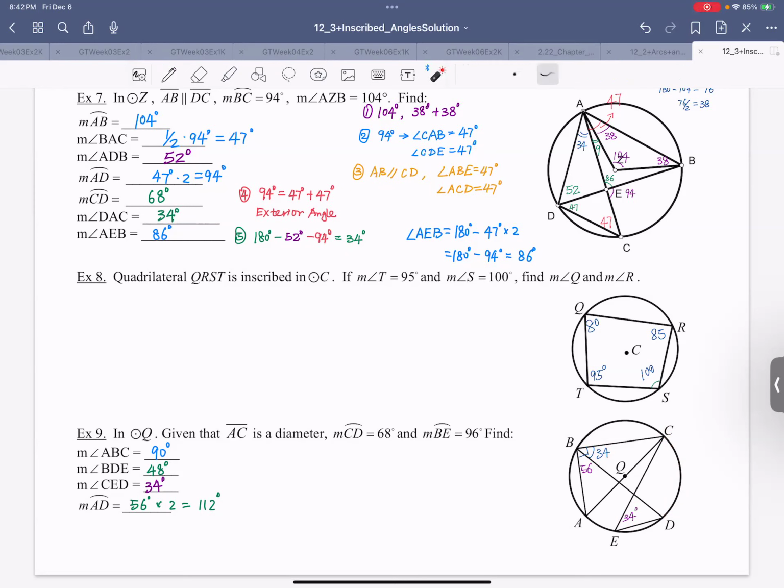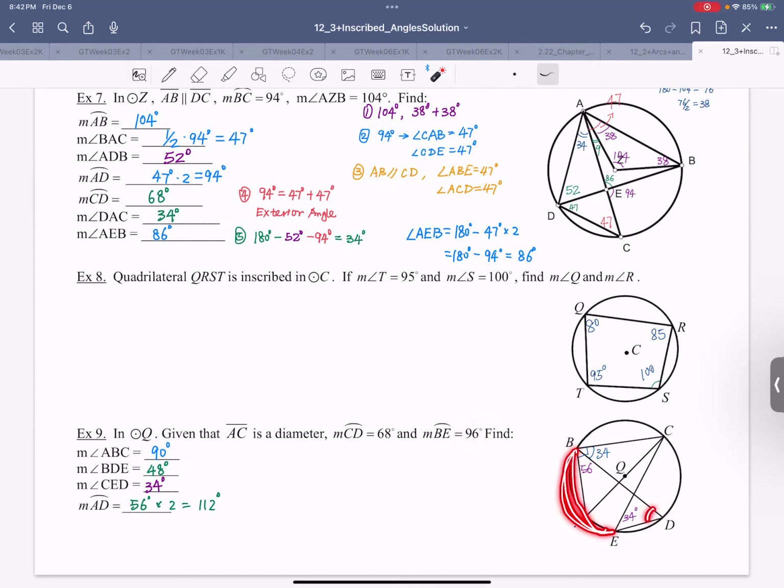Let's see here. Angle ABC. No problem, 90. Angle BDE. This one. Look at here. That guy BDE is this. But they give us BE, right? See here? That is 96.